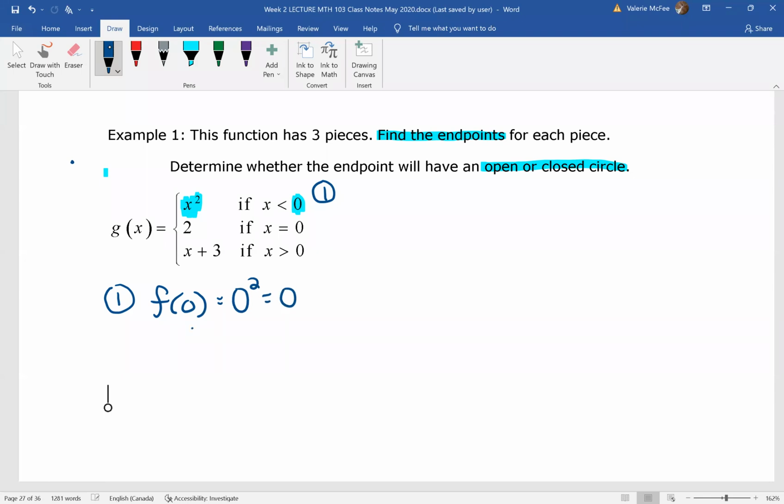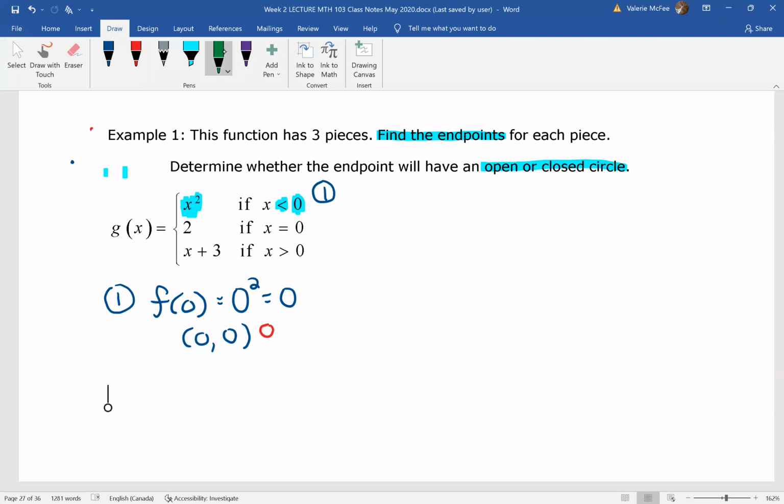So when x is 0, y is 0, or the f of x is 0. Do I need an open or closed circle? When I look at the symbol, I see that it is a less than symbol. There's no equals. That means I'm going to use an open circle.